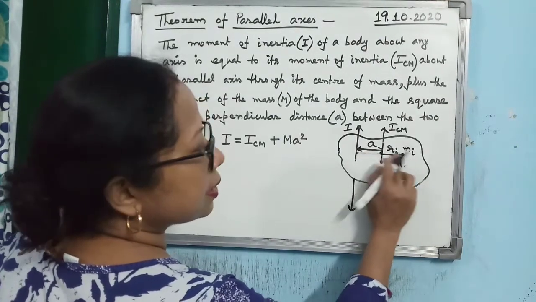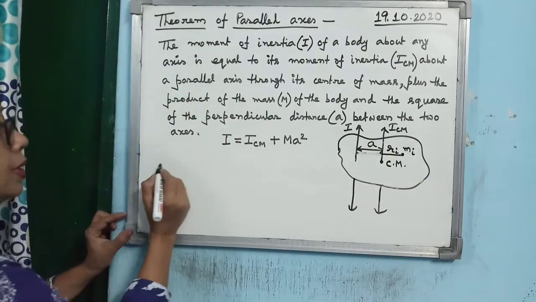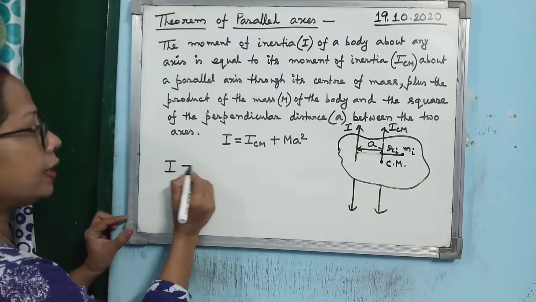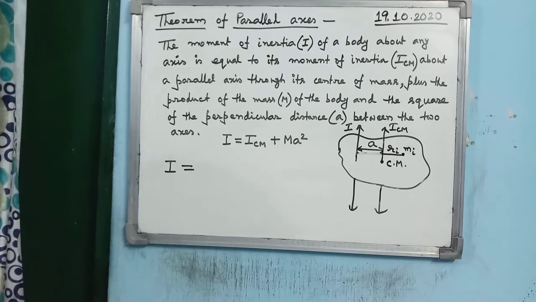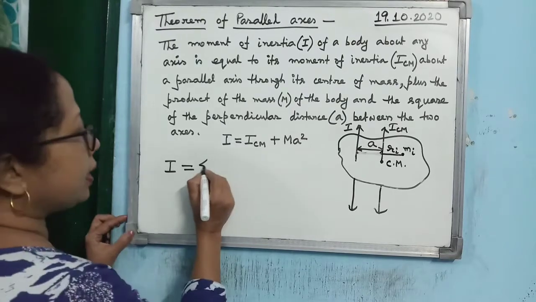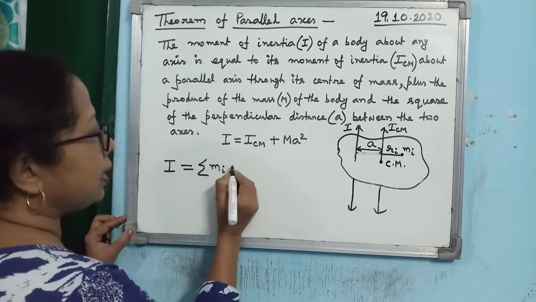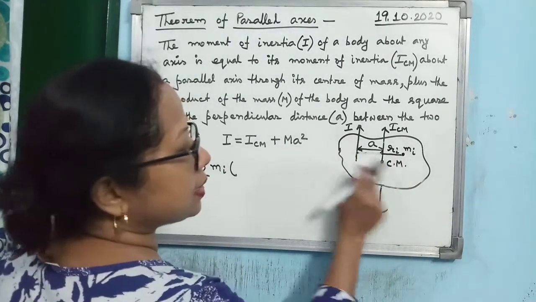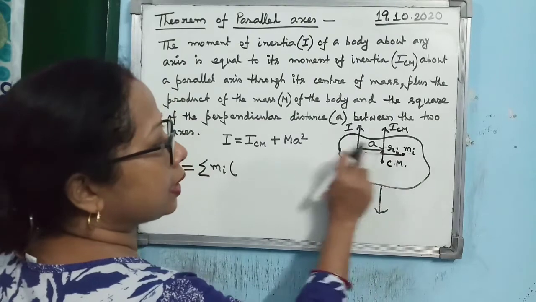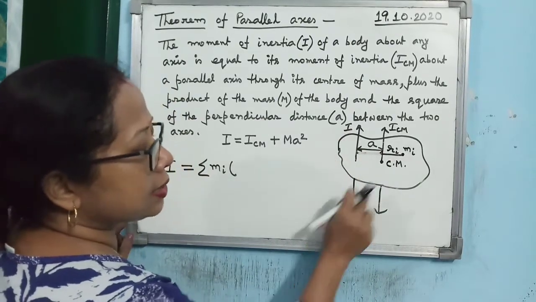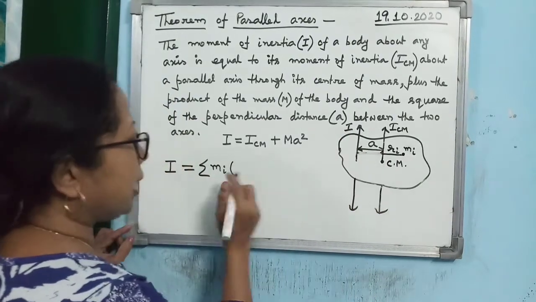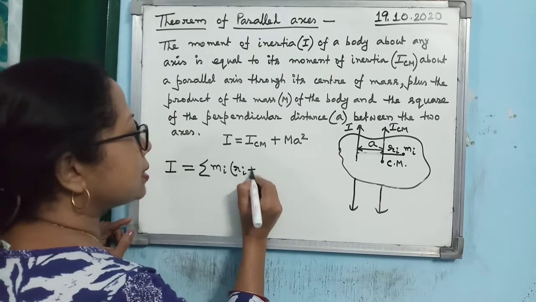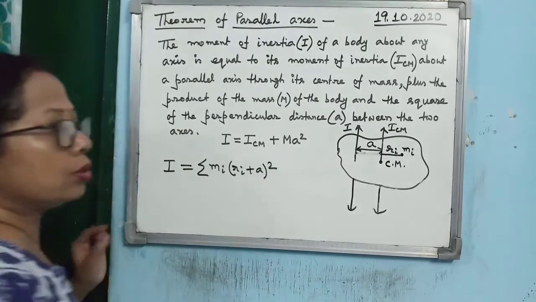This distance is ri. So you see, one can write according to our concept of moment of inertia, moment of inertia is sigma mi ri square. But in this case, what is the distance of the particle chosen from the axis under consideration? ri plus a. So you can write it as sigma mi (ri plus a) whole square.